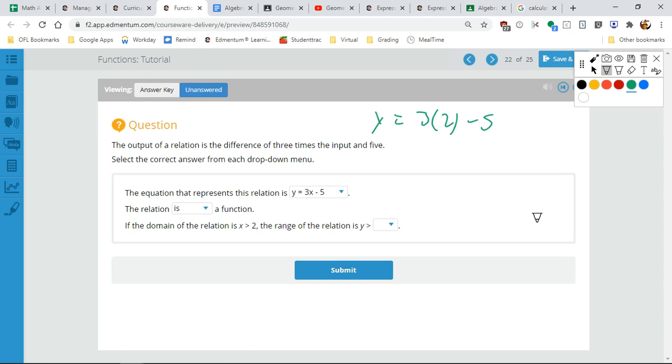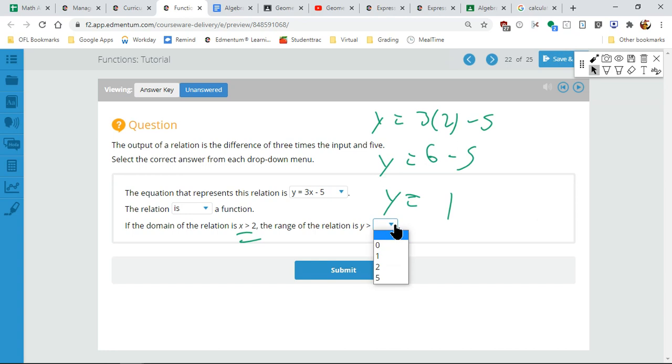We're just plugging it in because it's going to be bigger than that. So our y value has to be bigger than this 1. If we had it at 2, we got 1, so our y value has to be bigger than 1.